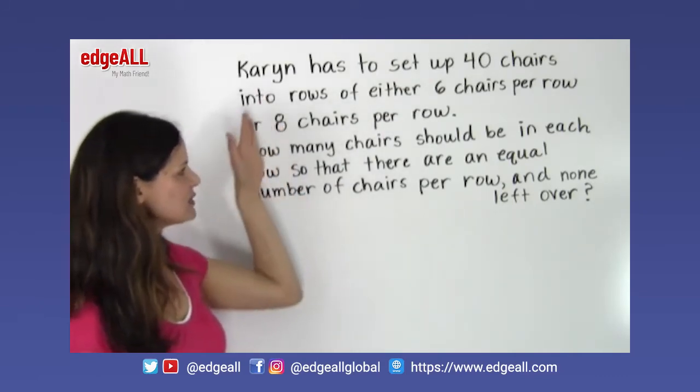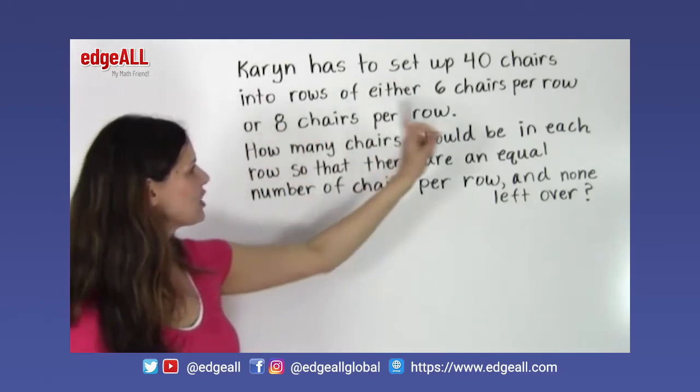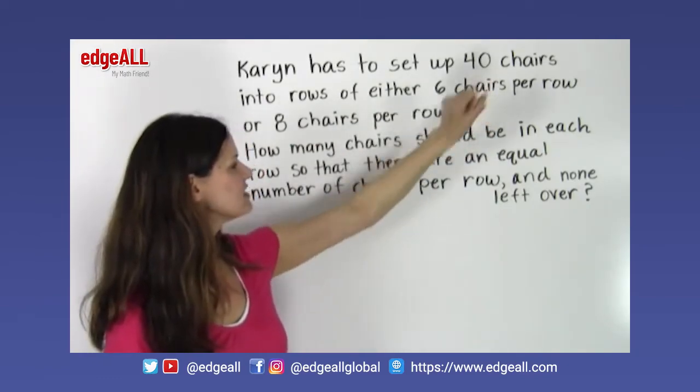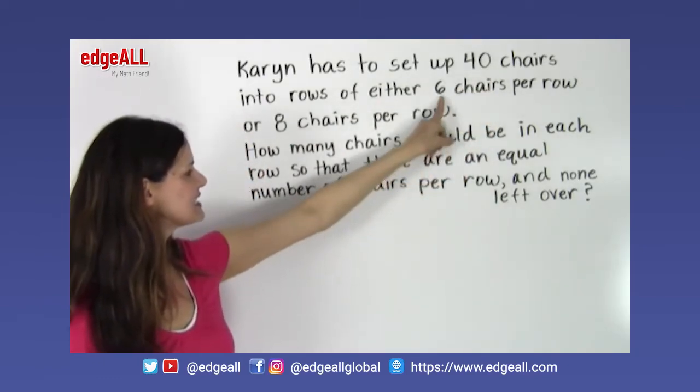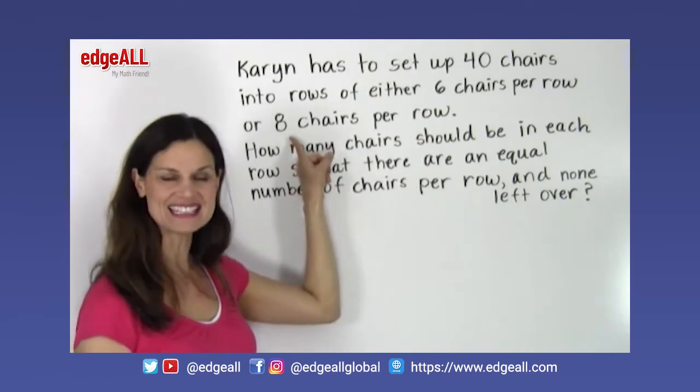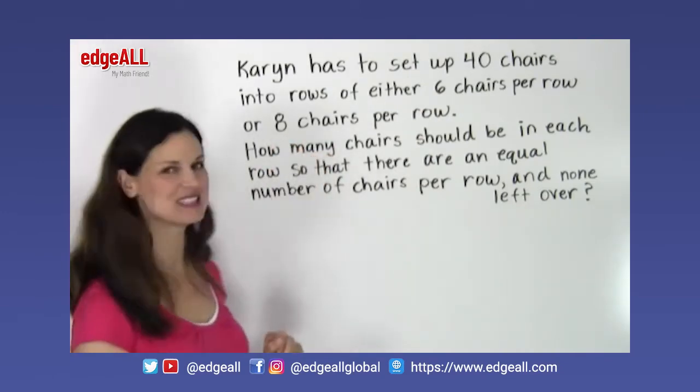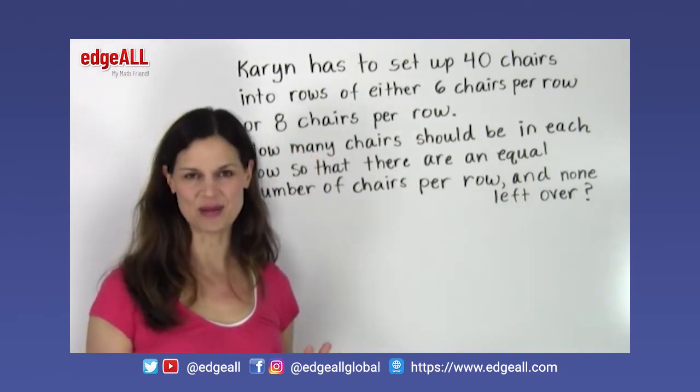So to solve this problem, we need to determine whether 40 chairs are divisible by 6 or by 8. And we can use pictures to help us visualize the problem.